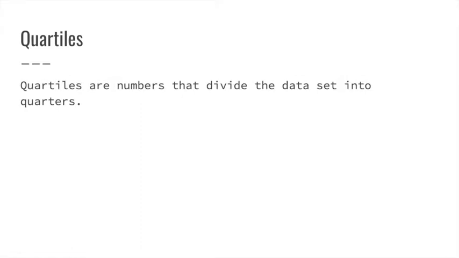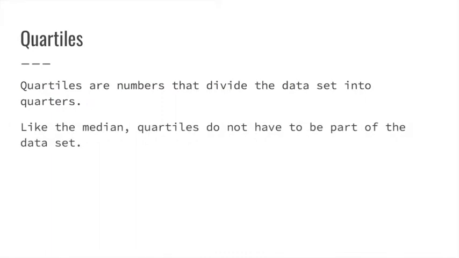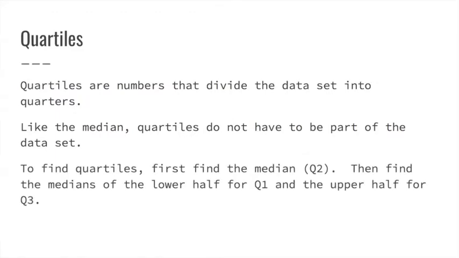Quartiles, like I said, divide the data into fourths. In some cases, we may have quartiles that are not actually part of the data, similar to the way we just discussed with the median. To find quartiles, we'll do it either in a calculator, which I'll show you in a minute, or we find the median first, which is technically Q2, the second quartile, and that will divide the data into a lower half and an upper half.